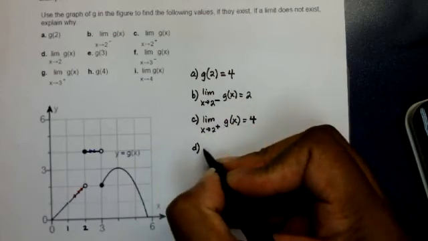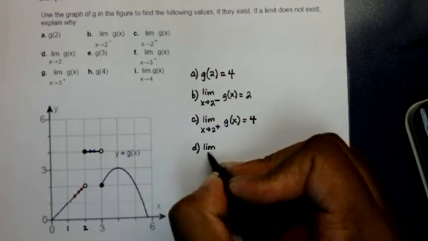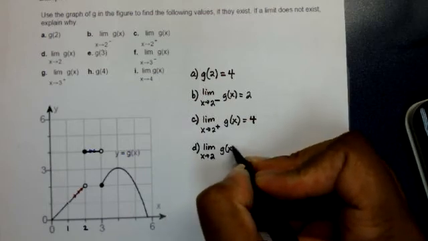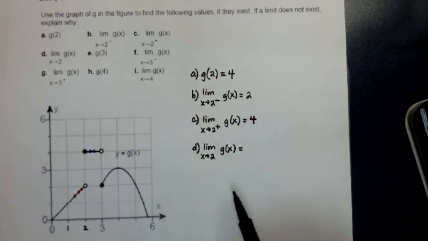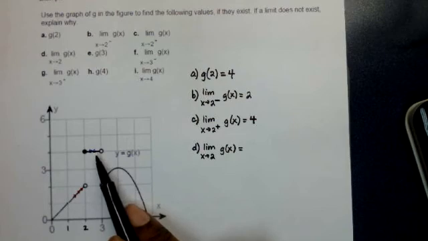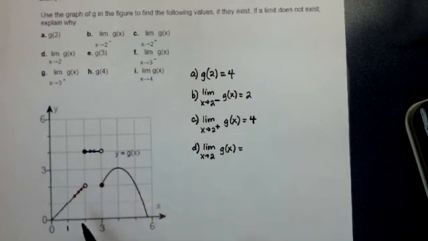So now, part D is the limit as x approaches 2 of g of x. All right, the limit on the left of 2 and the limit on the right of 2 must be approaching the same value. Otherwise, the limit does not exist at 2.